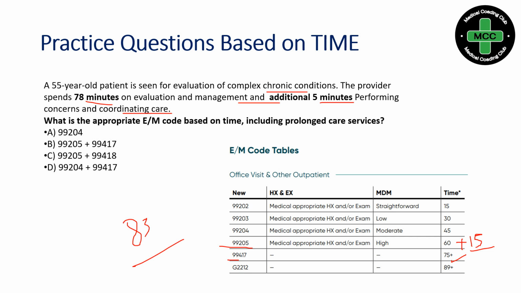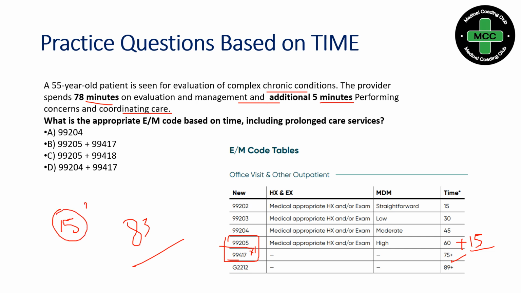Okay, so in this case we have 83 minutes. So that means we have to code 99205 along with 99417 only one time, because you are meeting only one additional 15 minute time increment.